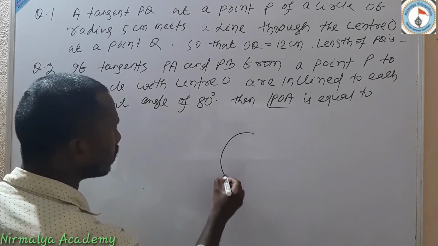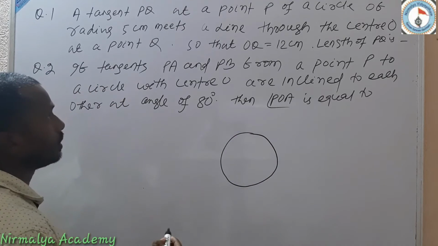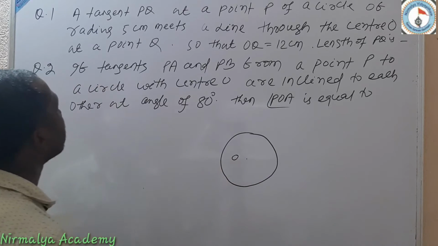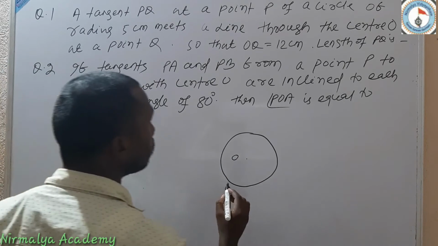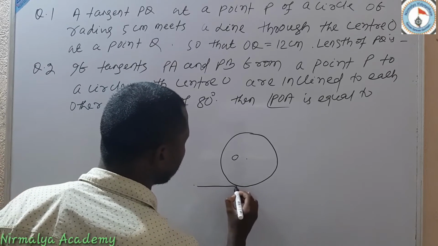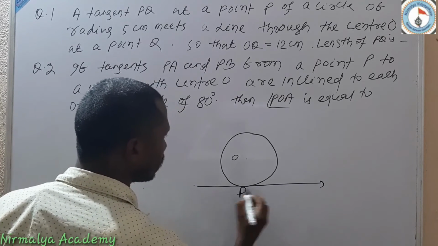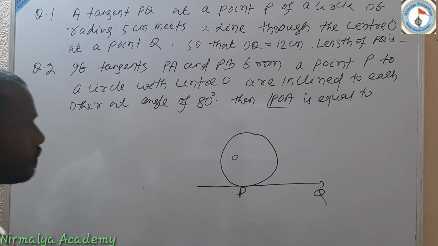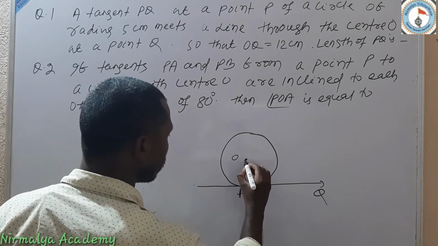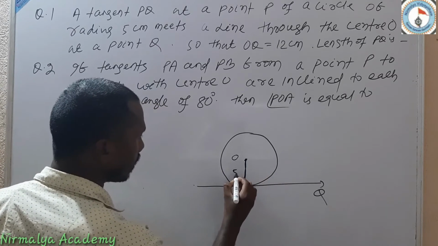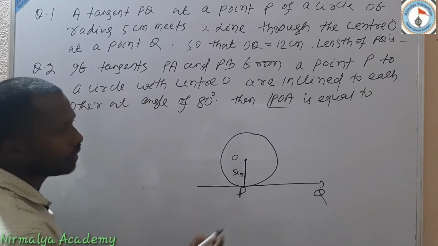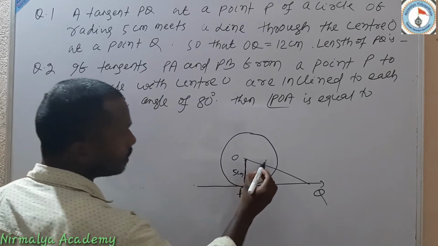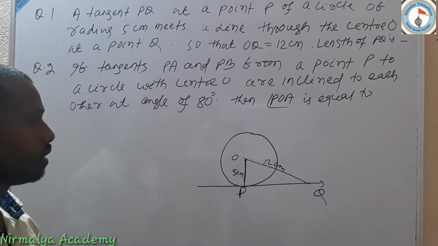So let's take a circle with center O and a tangent PQ at point P. This is the tangent PQ at point P of the circle of radius 5 cm. So OP is given 5 cm. Now we join OQ, and OQ is given 12 cm. So we have to find PQ.